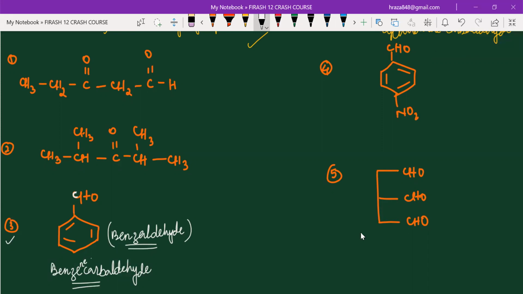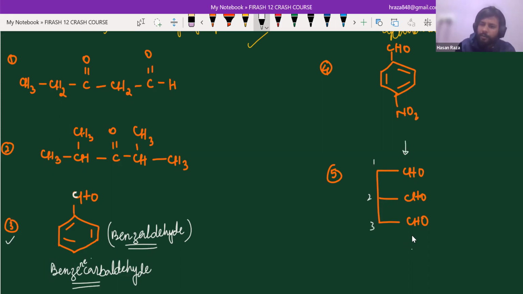Yeah. Now look at this 1, 2, 3. If you are going to number from here, it comes to the end here, but you will not be able to count this carbon. So let me show you the whole scenario. If you count 1, 2, 3, 4, 5, you are not able to count this carbon.